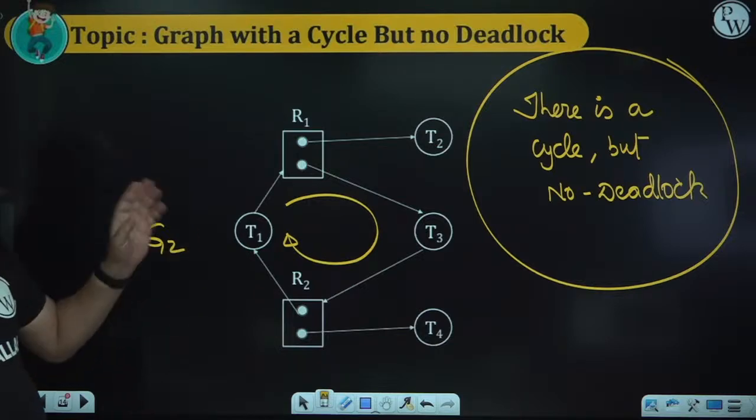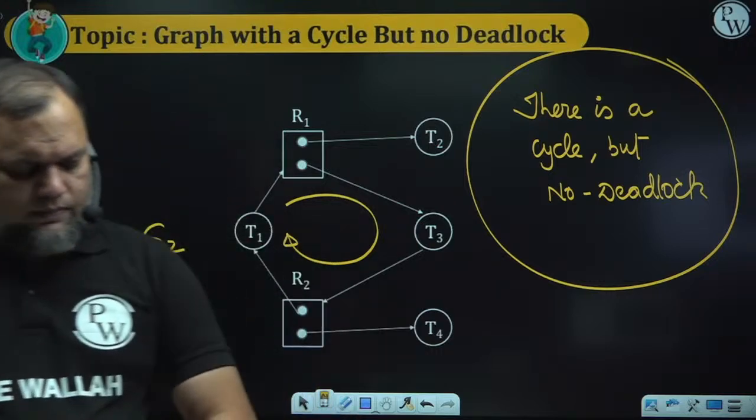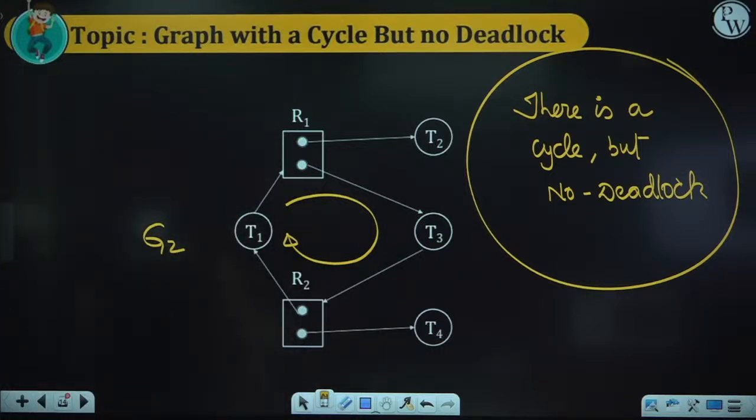Why is it that we have a cycle, हमारे पास साइकिल है, but there is no deadlock? Why is it so? That's an important concept. Generally, students get confused with respect to this. Come on, boys and girls.